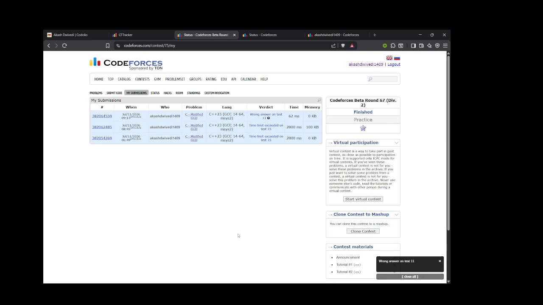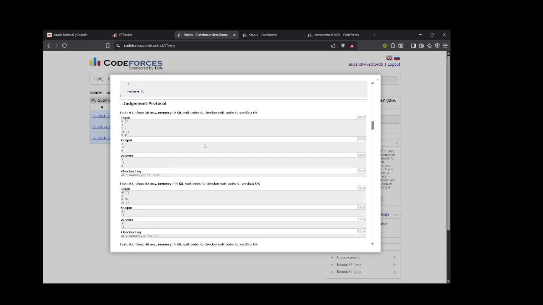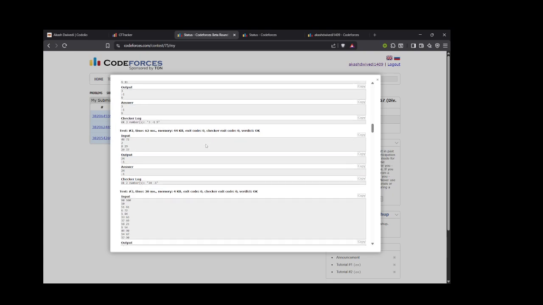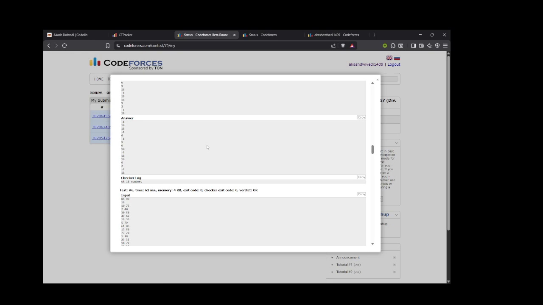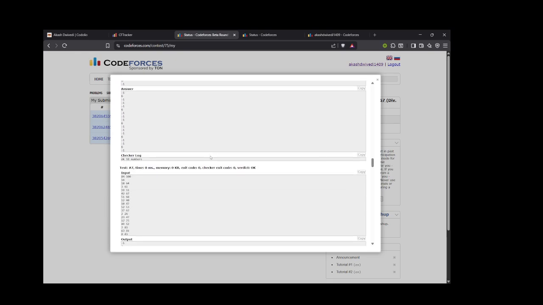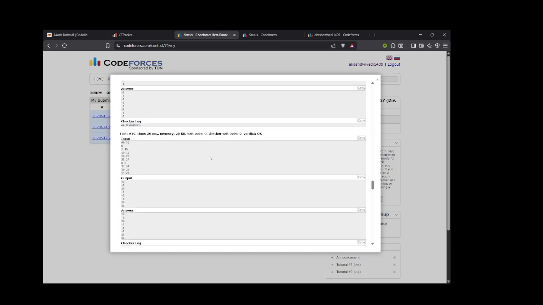Wrong answer on test case 11. What have I missed? Why is it wrong? Where is it wrong?